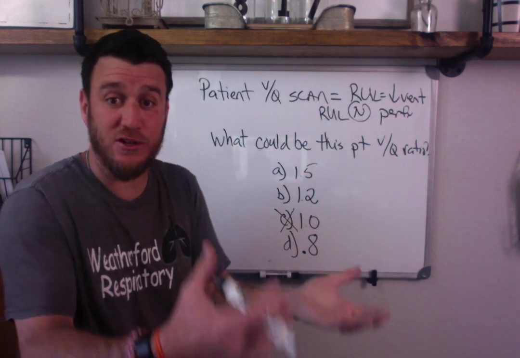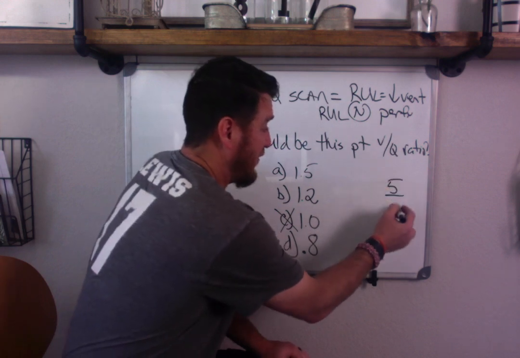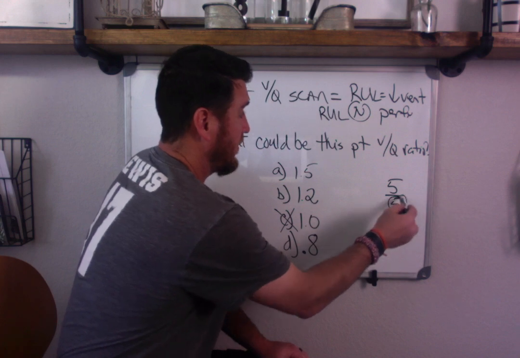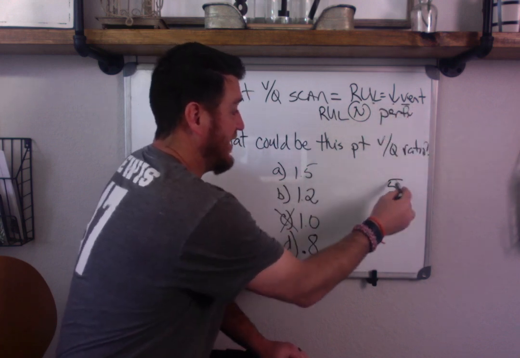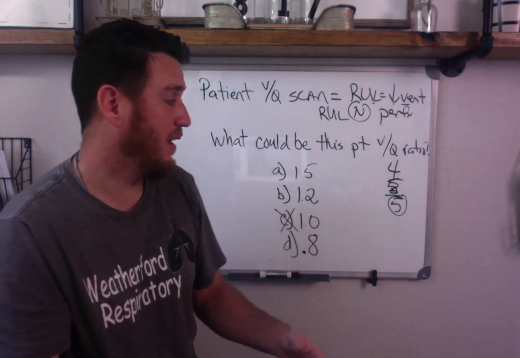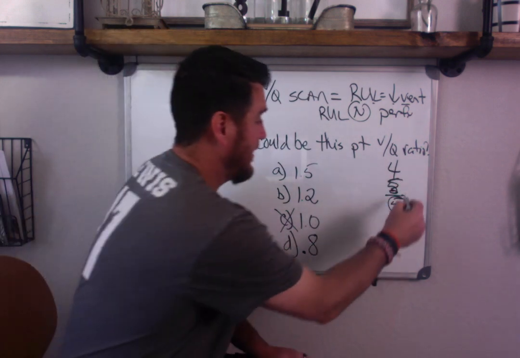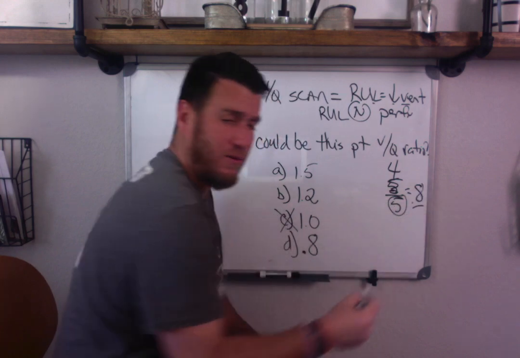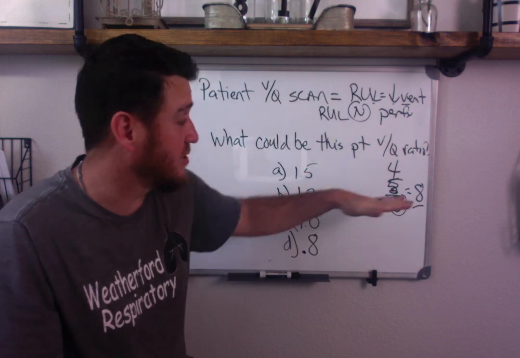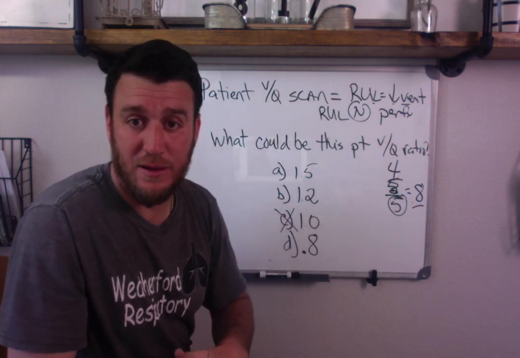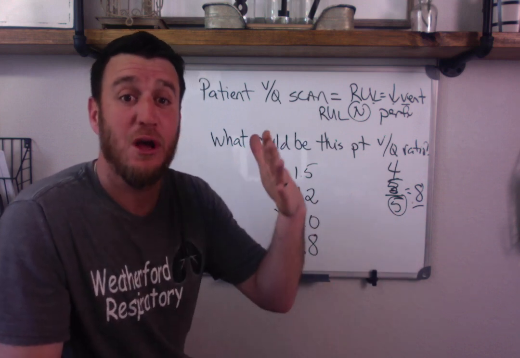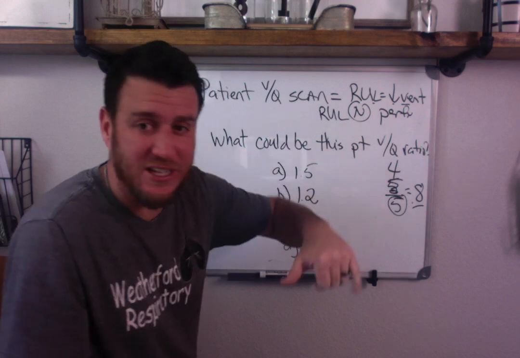So if you go back to your numbers, 5/5, but now you say perfusion is normal, but it exceeds ventilation, and you change this to 4, and you do the math, you're going to get 0.8. Now, these are arbitrary numbers. The question didn't give you numbers. These are numbers that I put in, just to show you how the VQ scale works. Remember, perfusion in excess of ventilation is a shunt.